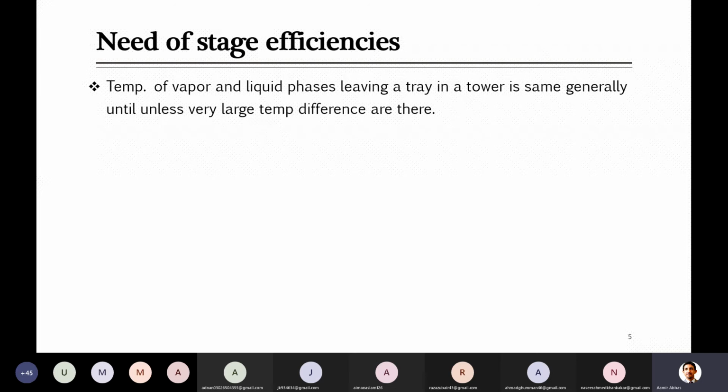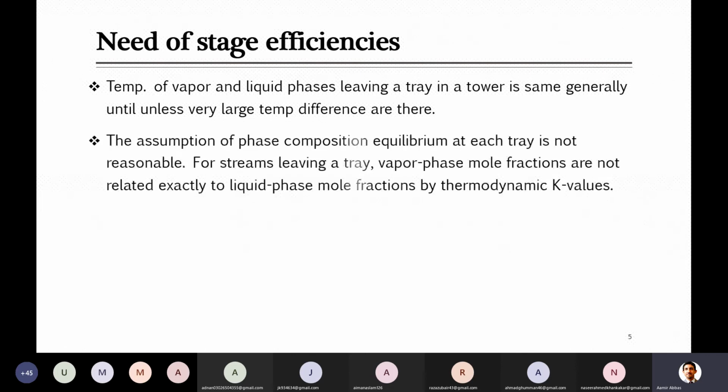Otherwise, most of the time the temperature of both streams when leaving any plate is very close to each other, even in actual cases. Unless there was a huge temperature difference between them, they will not reach thermal equilibrium when leaving.